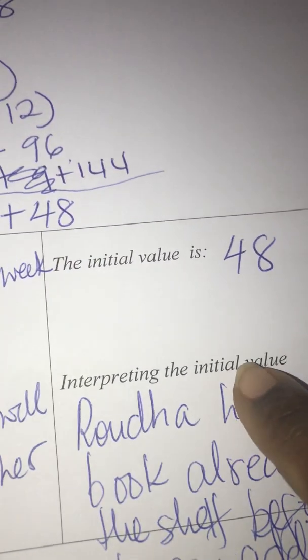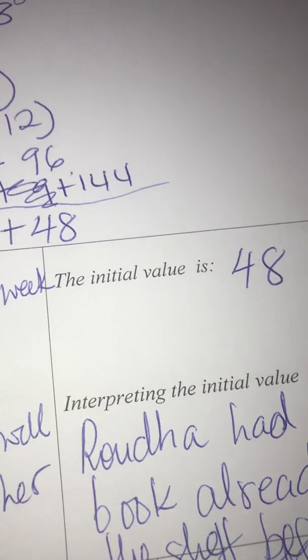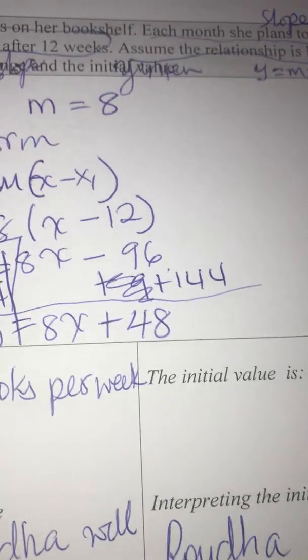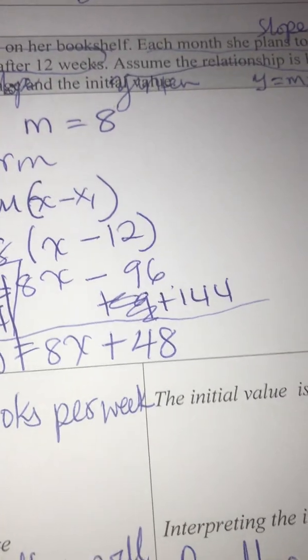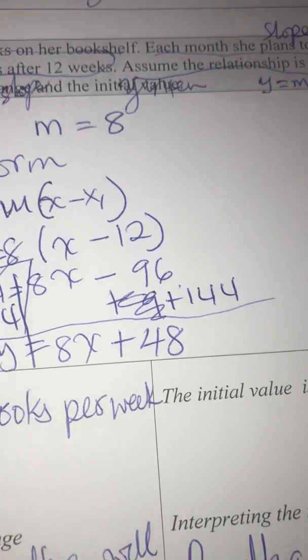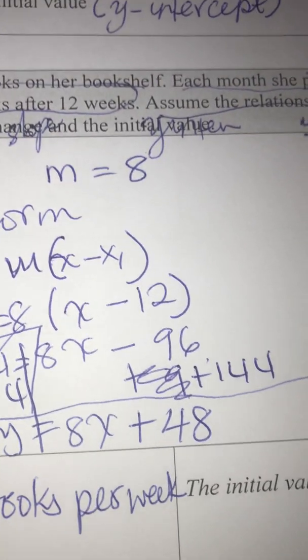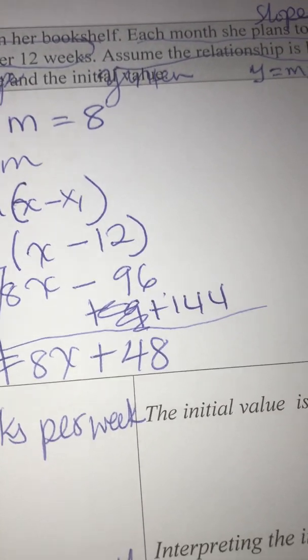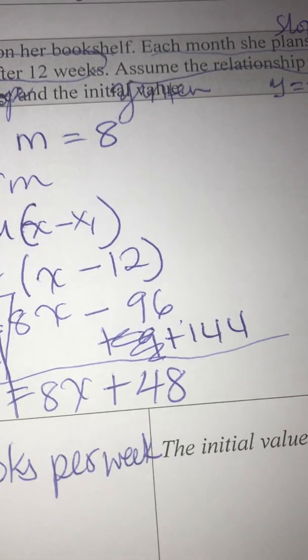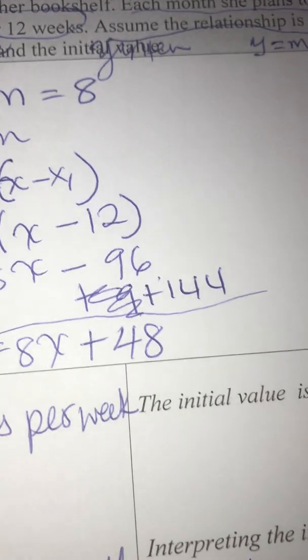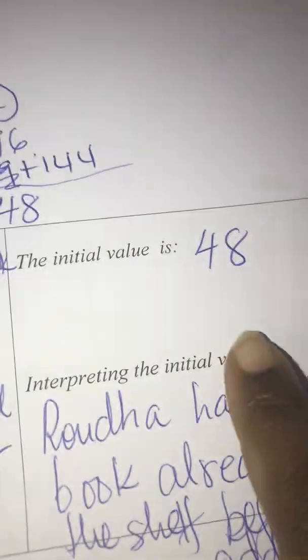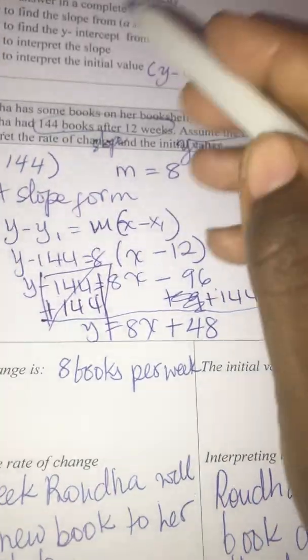So remember, initial value means the starting value. Whatever you had before you began to do anything. The beginning number. What number was there before you began driving? What number was there before you began adding or subtracting? So this is reading.